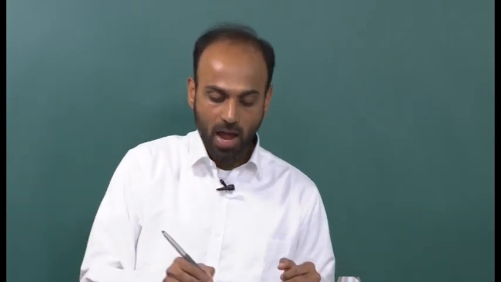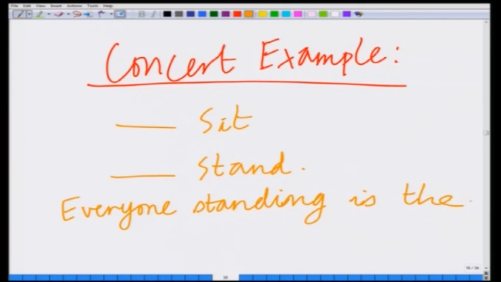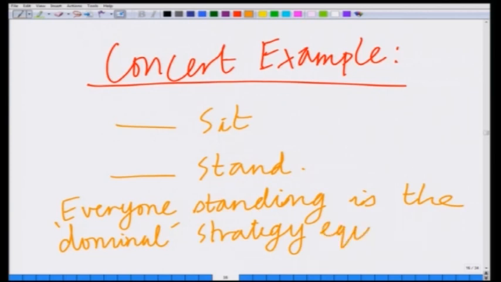For instance, in this scenario everyone can sit and probably enjoy the concert in a more relaxed fashion, but eventually it ends up with everyone standing to get a better view, because that ends up being the Nash equilibrium of this kind of scenario. Everyone standing ultimately ends up being the dominant strategy equilibrium.